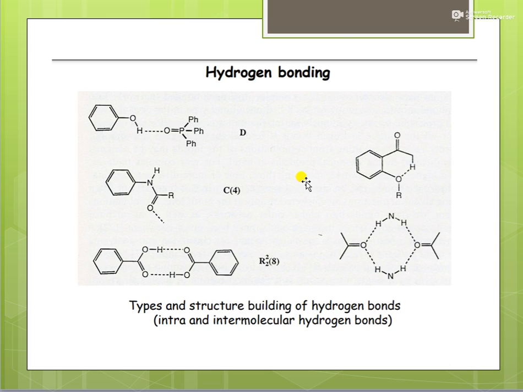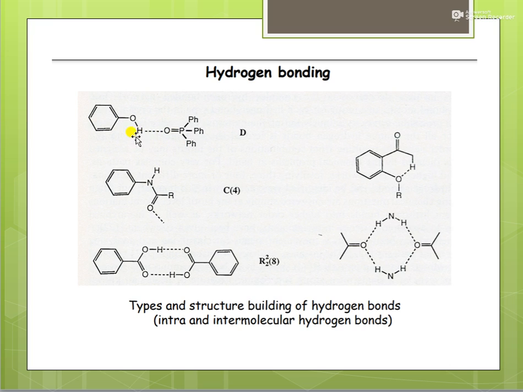Now, as I had mentioned earlier, hydrogen bonding can happen within the molecule itself, or it can be between different molecules also. Now, in this case, you can see hydrogen bonding happening over here. This is one molecule.